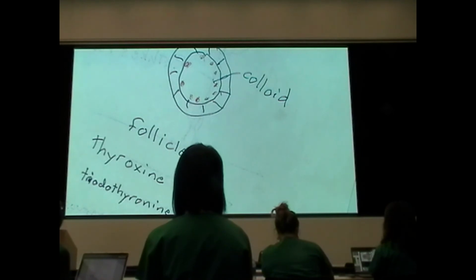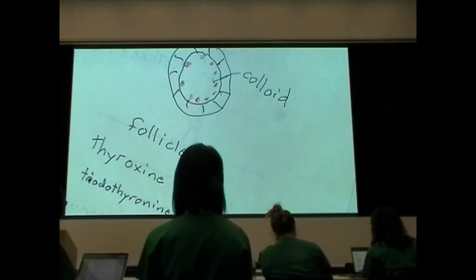Okay, so the thyroid is peculiar in its secretory cycle. It differs from any other secretory cell in the body. Again, repeat, thyroglobulin is made in the RER, is exocytosed by Golgi and secretory granules into the interior of the follicle.